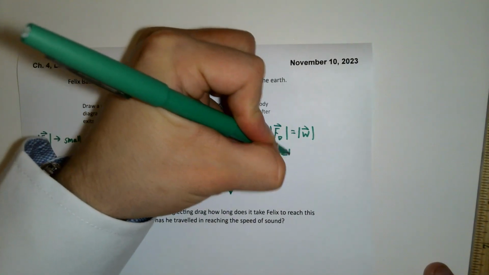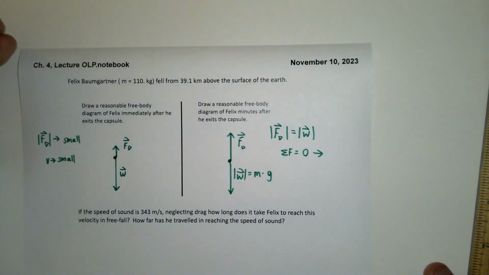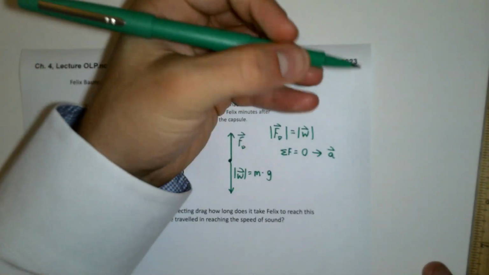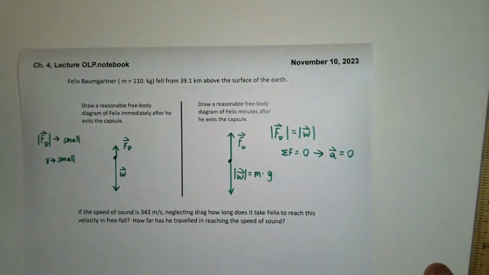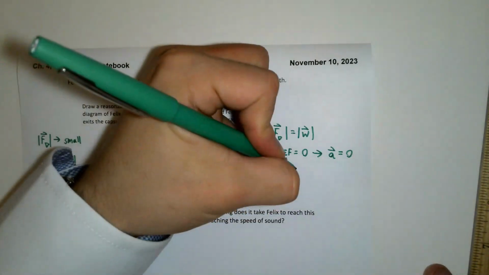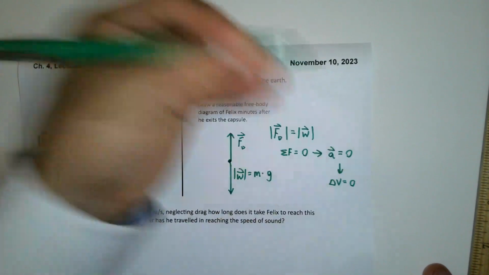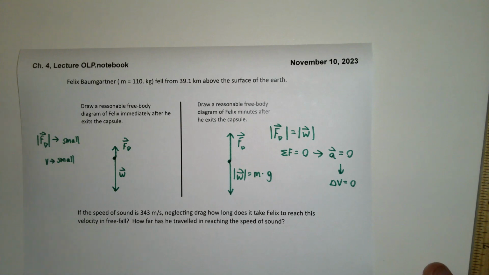Because these are the only two forces acting on him, we could say the net force is 0. These two perfectly oppose each other. If the net force is 0, by Newton's second law, the acceleration is 0. If the acceleration is 0, we can conclude that his change in velocity is 0. So his velocity is not changing. He's at some terminal velocity.